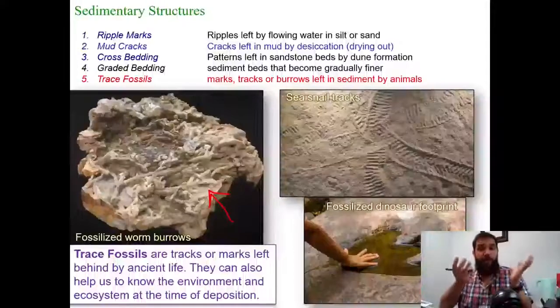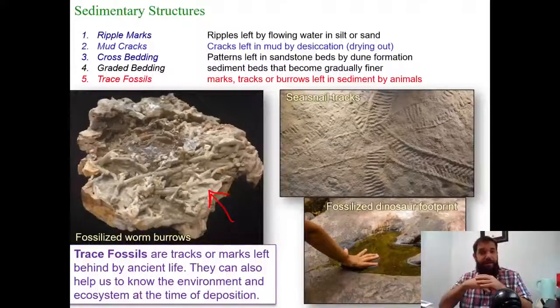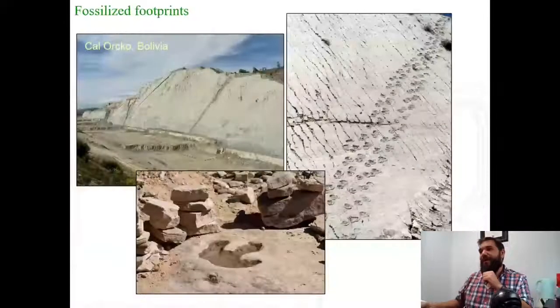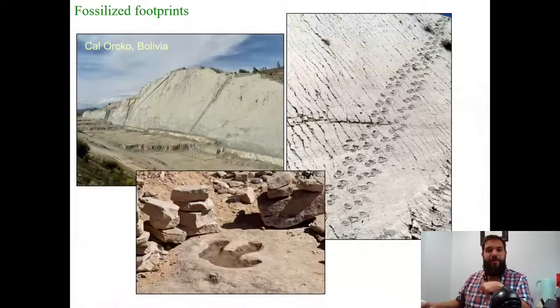And by knowing what animals were there, it can tell us what the environment was. For example, if you find a fossilized dinosaur footprint, that means it was a terrestrial environment, above sea level. It didn't form deep underwater in the ocean. It probably formed on land. So those kinds of things can tell us more about what the environment was.